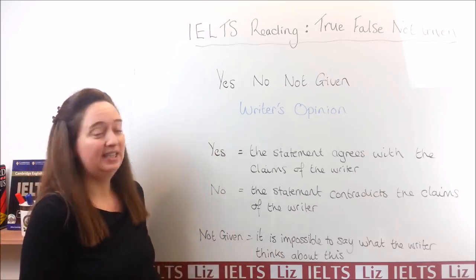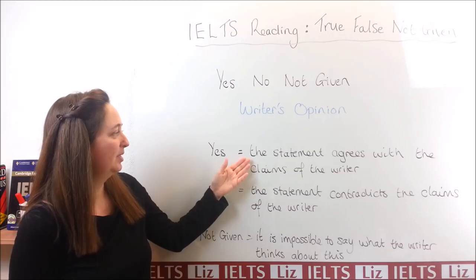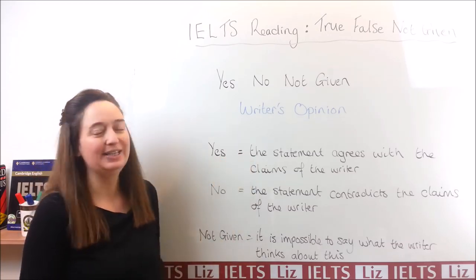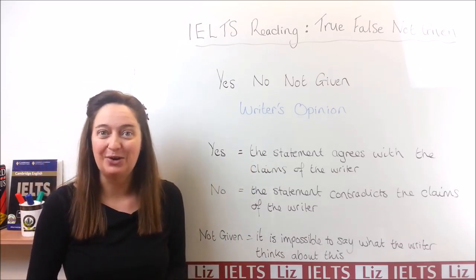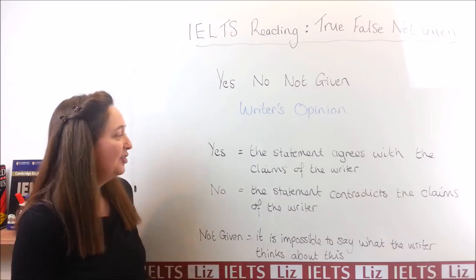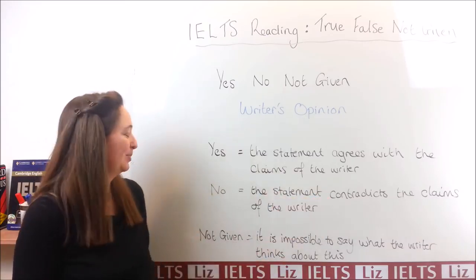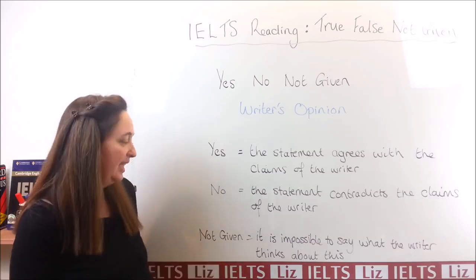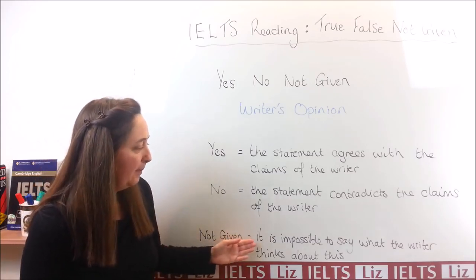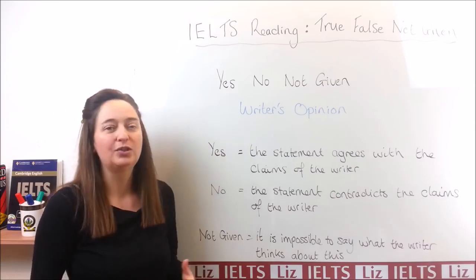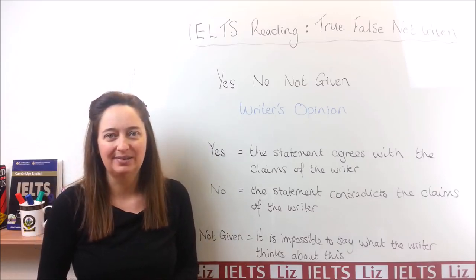If the answer is yes, it means that the statement in your question agrees with the claims of the writer. If it's no, it means the statement is opposite, it contradicts the claims of the writer. And not given means it is impossible to say what the writer thinks about this.